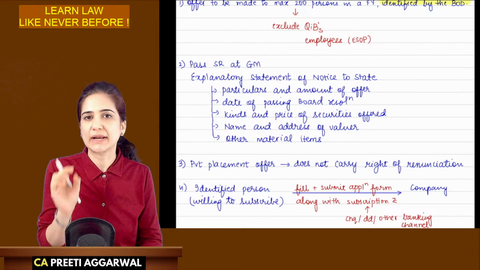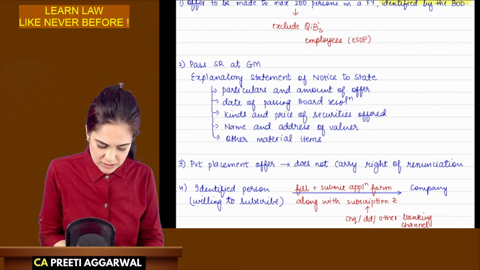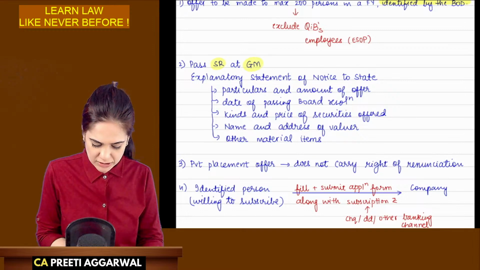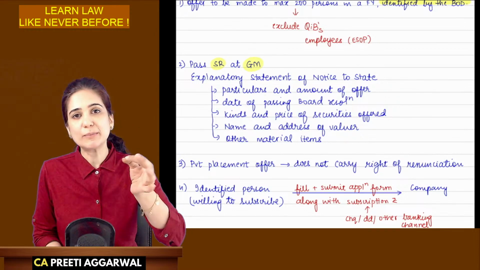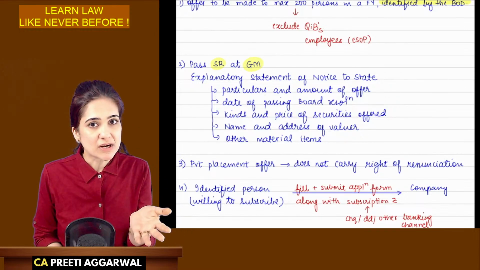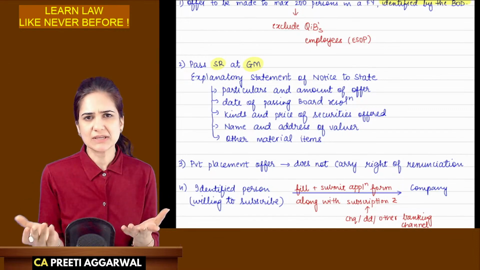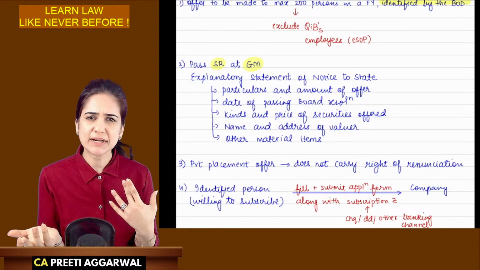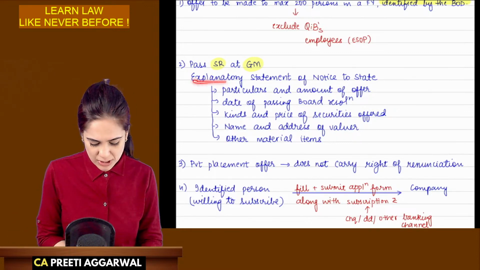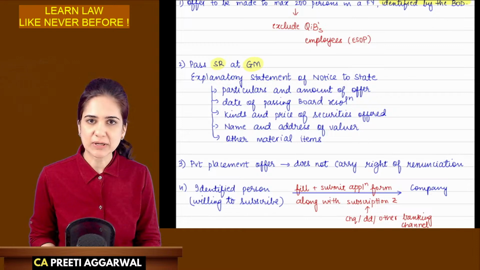So I have also highlighted the words special resolution in the general meeting. Now you are calling a meeting, so you need to give a notice. If I simply write that we are going to offer securities, people will have so many questions regarding that. So you also need to submit an explanatory statement to that notice.